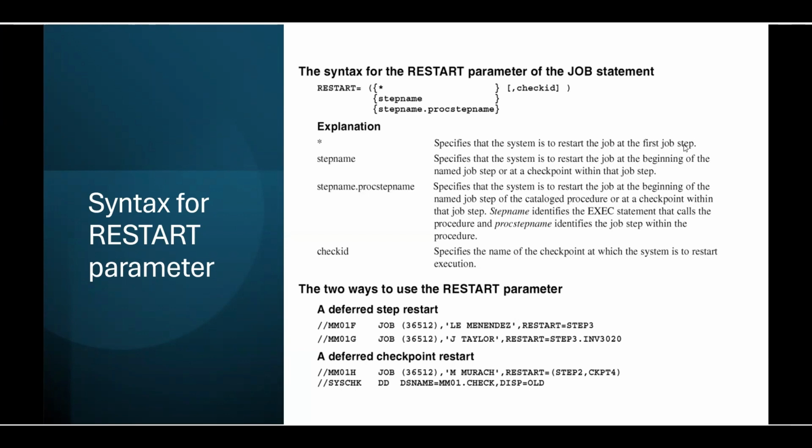So whenever you use asterisk, it just starts at the first job step. The next one is the step name, which specifies that the system is to restart the job at the beginning of the named job step or at a checkpoint within that job step. For example, if your job failed at step 10, then you need to provide that step 10 in your restart statement, so that when you rerun or resubmit the job, it restarts from that step only.